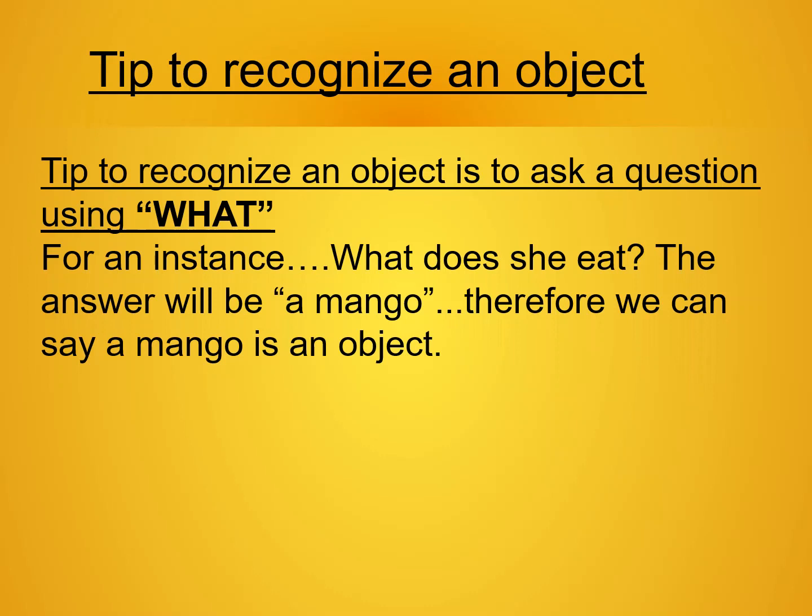The answer comes as a mango. Therefore, we can say that a mango is an object. So, if we want to identify the object in the sentence, we must ask the question using the word what. Then automatically the answer, whatever we will be getting, that will be an object in the sentence.